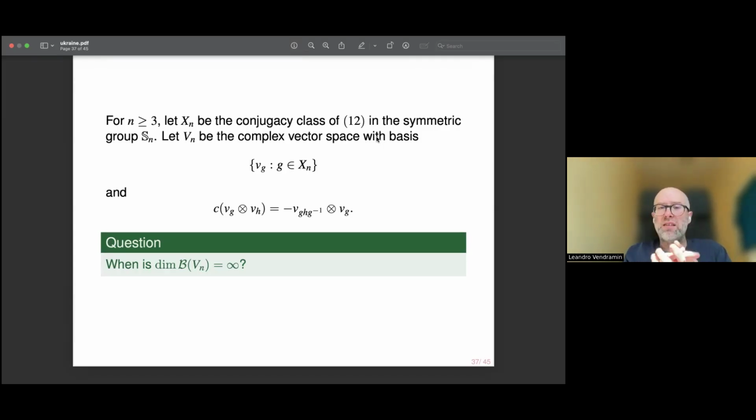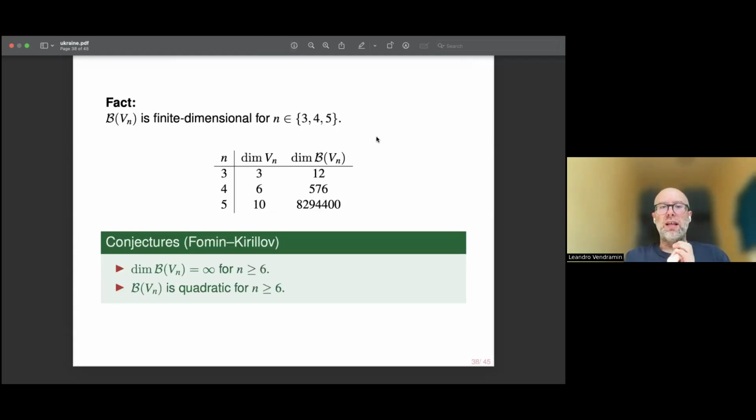Then you take V_n as the complex vector space with basis in this conjugacy class, and the braiding is just conjugation with a minus sign. So the question is when the Nichols algebra of this is finite dimensional or infinite dimensional. And you see that this will be finite dimensional for n equals 3, 4, and 5.